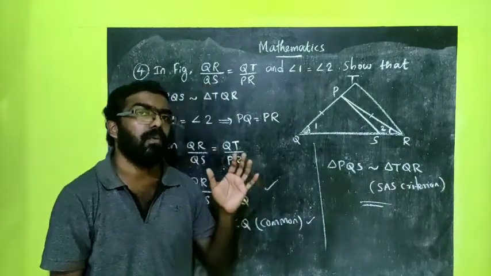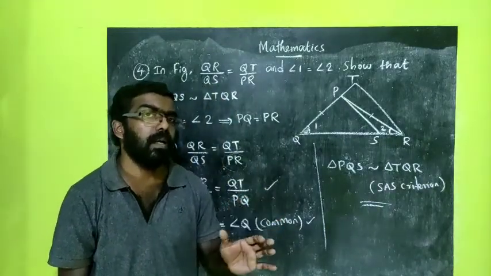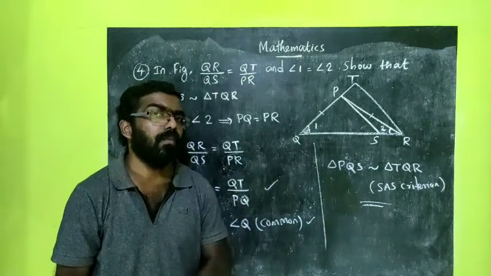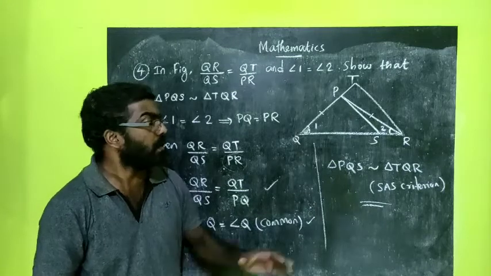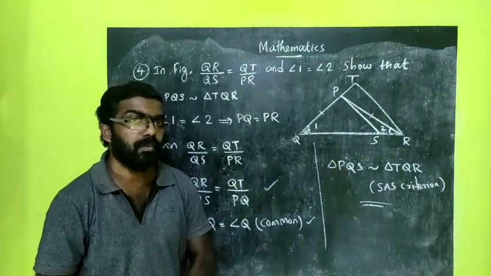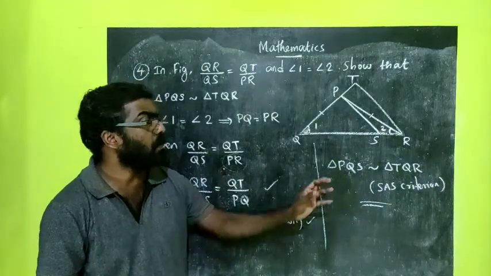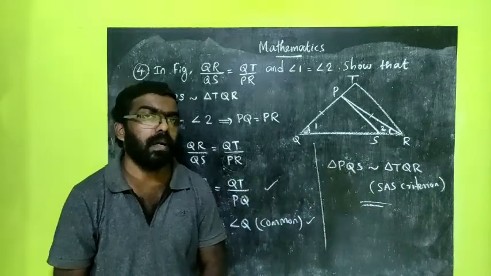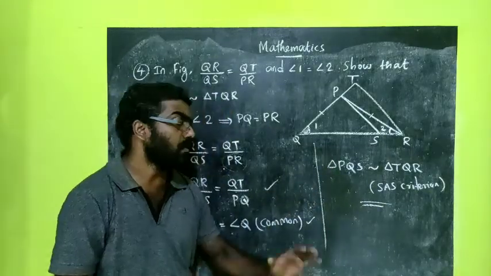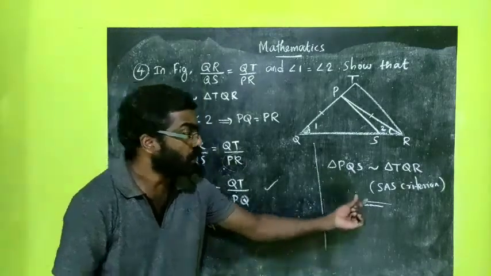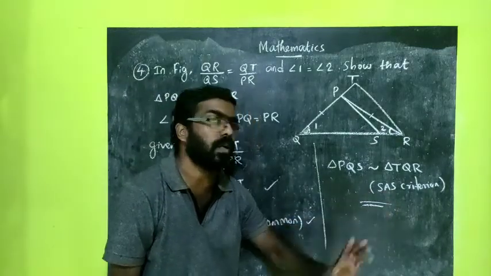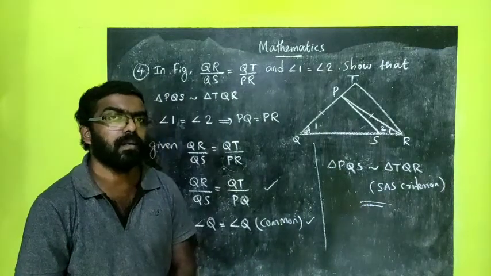That means if one angle of a triangle is equal to one angle of another triangle and the sides including that angle are proportional, then we can conclude that the two triangles are similar. That is what is called SAS similarity criterion: two sides proportional, included angle equal. Clear?